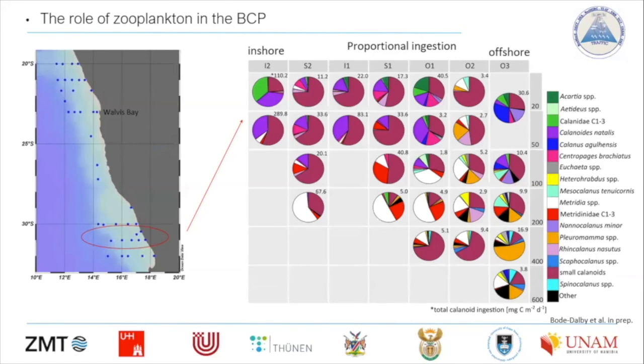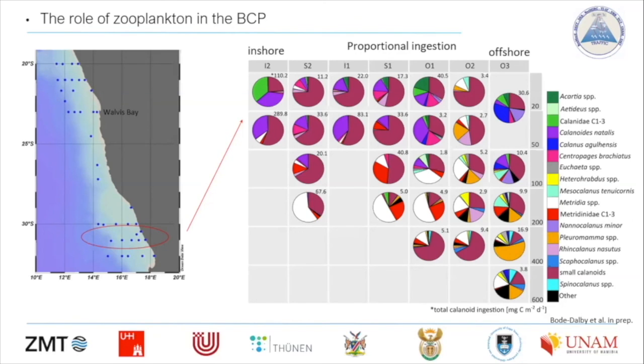And I don't want to go into too much detail of the species. This just shows you this enormous diversity of the calanoid copepods. This is from the southern Benguela current, where we do have this typical pattern of increasing diversity from the inshore to the offshore region, and also from the surface to the deep. And we identified the dominant consumers along this transect, as these pie charts indicate the proportional ingestion that we calculated for each of these taxa.